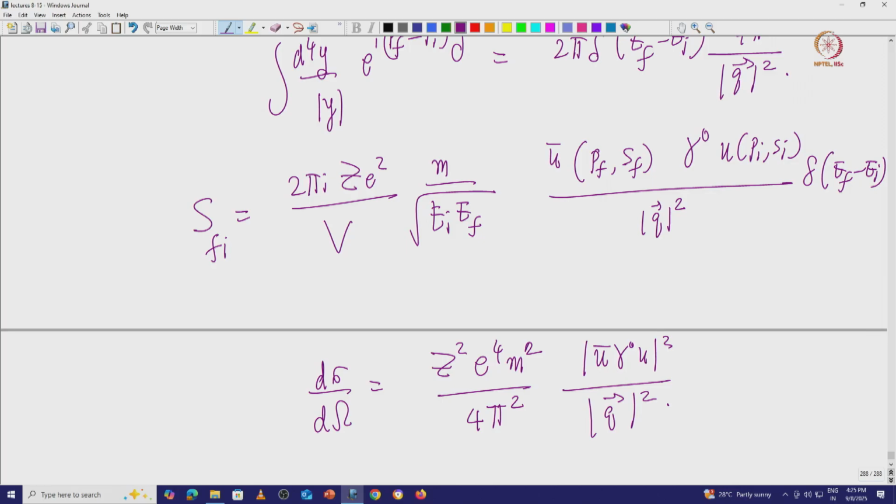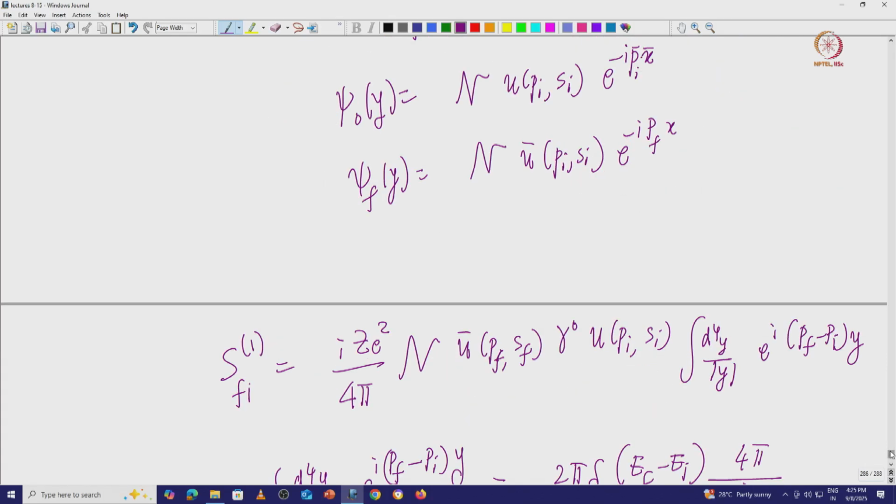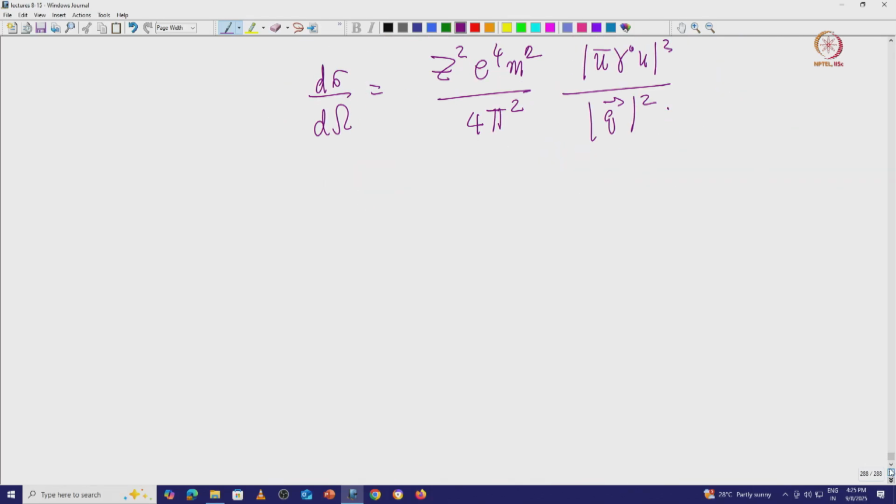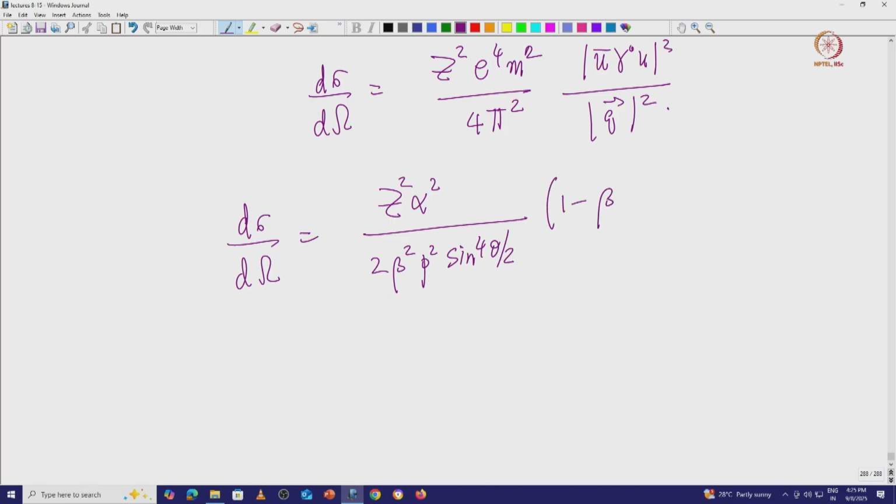When you do this Coulomb cross section, essentially you get back the same thing, and now you can calculate it. You end up having d sigma by d omega is equal to Z squared alpha squared over 2 beta squared p squared sine to the power 4 theta by 2, times 1 minus beta squared sine squared theta by 2.